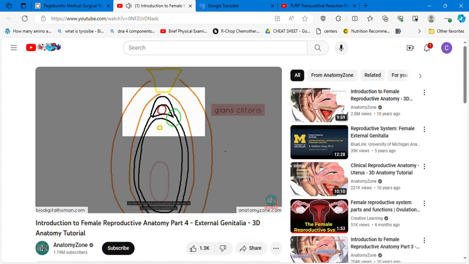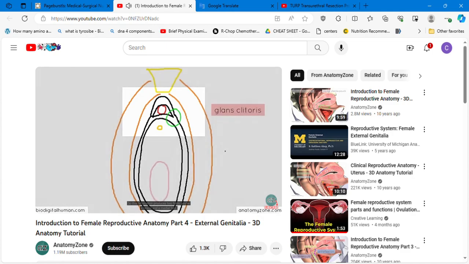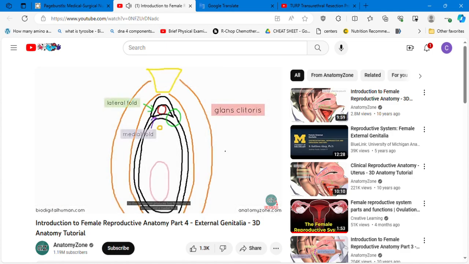This bifurcation produces two folds, a lateral and a medial fold. Anteriorly, the lateral folds meet in front of the clitoris, and they form what is known as the hood of the clitoris, or the prepuce. The medial folds, however, join together and attach to the posterior aspect of the glans clitoris to form the frenulum.